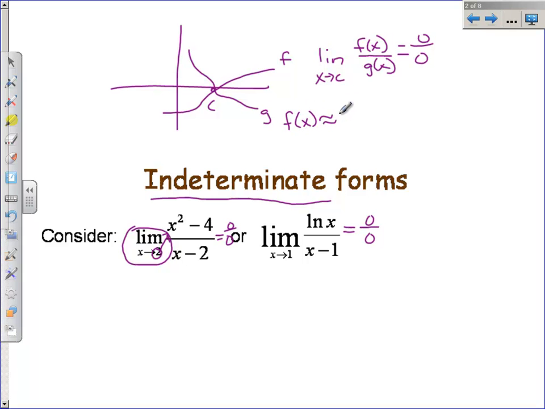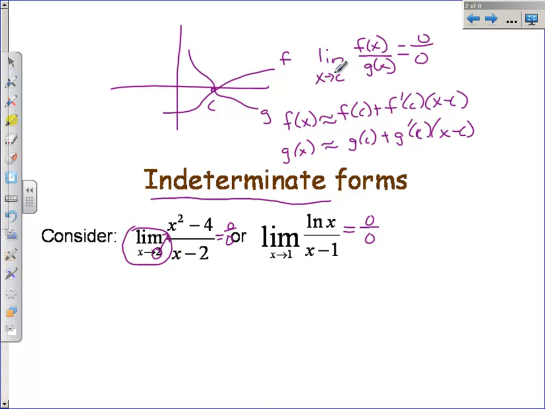We can say that f of x is approximately equal to f of c plus f prime of c times x minus c. And of course g of x can also be replaced with its tangent line approximation, g of c plus g prime of c times x minus c.